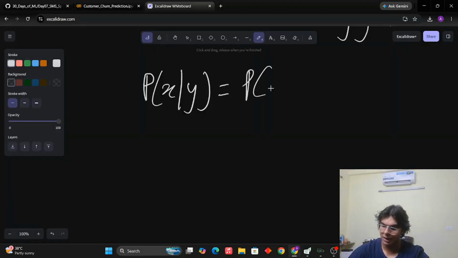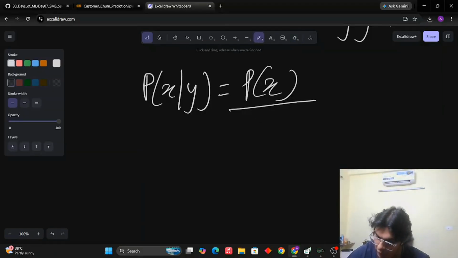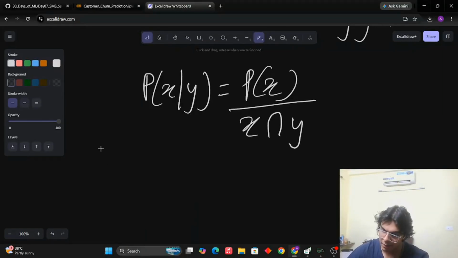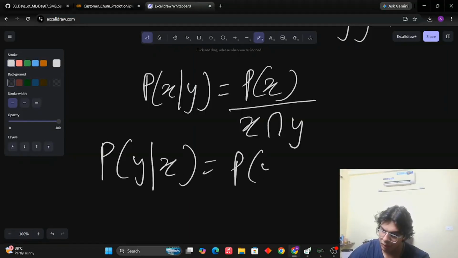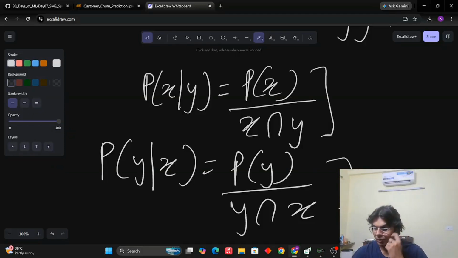The formula for this is nothing but the probability of the intersection of X and Y divided by the probability of Y. At the same time, we can get the probability of Y given that X has already happened as the probability of Y intersection X divided by the probability of X. So now, as we see, the numerator in these two equations is common. So we try and exploit that basically.